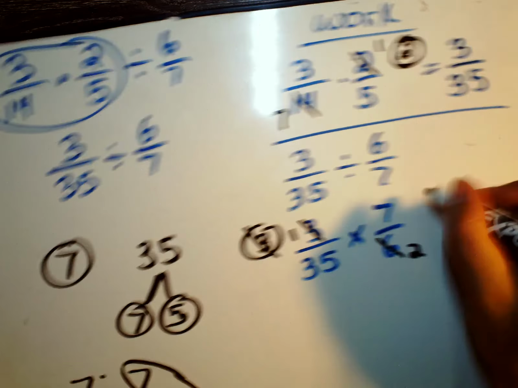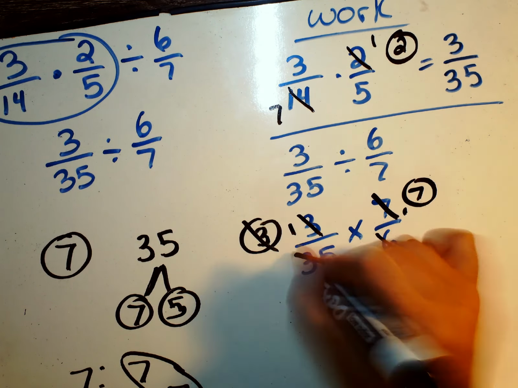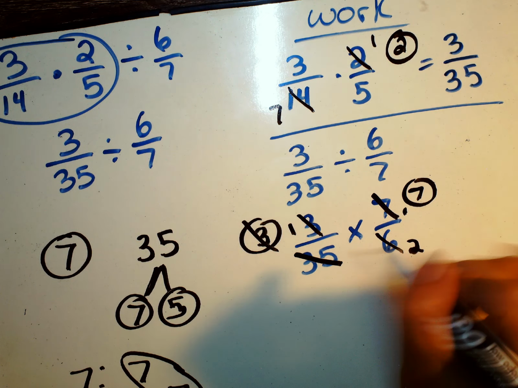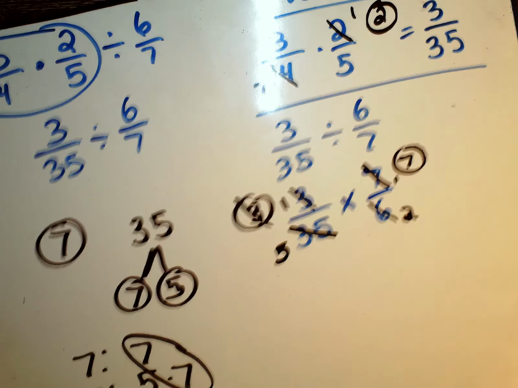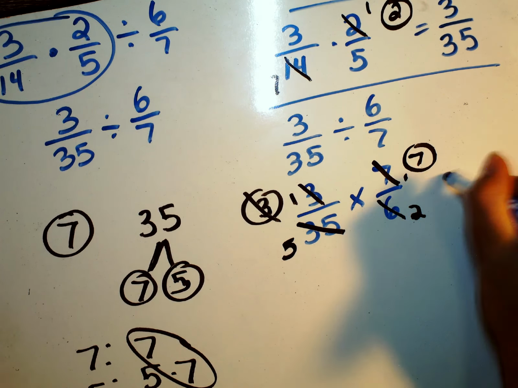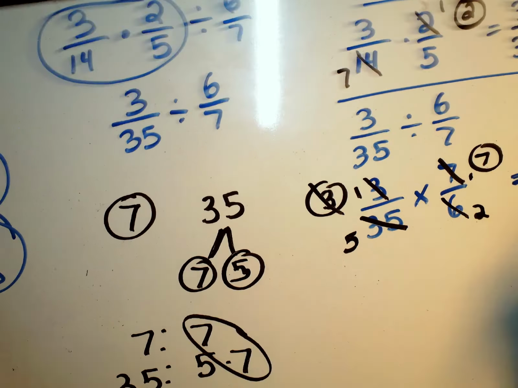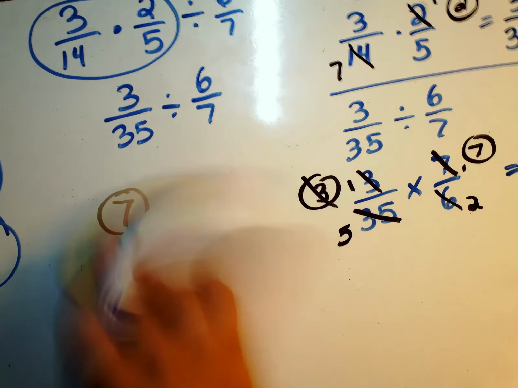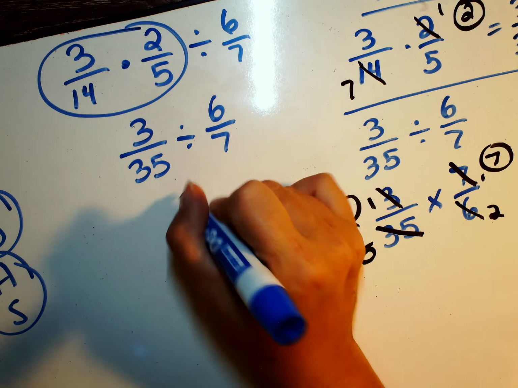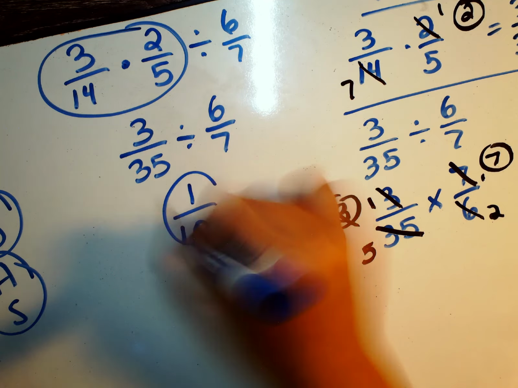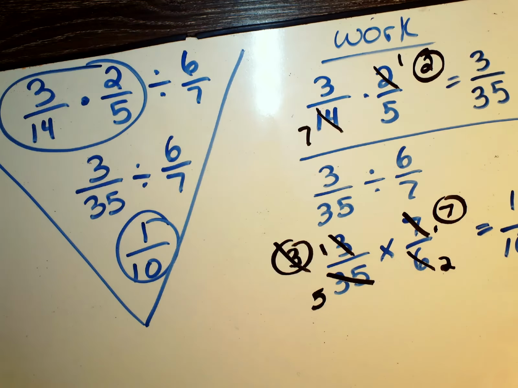So that means we come over here and we write 7. 7 divided by 7 is 1. 35 divided by 7 is 5. That makes it so much easier. So 1 times 1 is 1, and 5 times 2 is 10. So I'm going to erase my greatest common factor information. We're going to write 3/35 divided by 6/7 is 1/10. All right, and there's our V formation. I hope that helped.